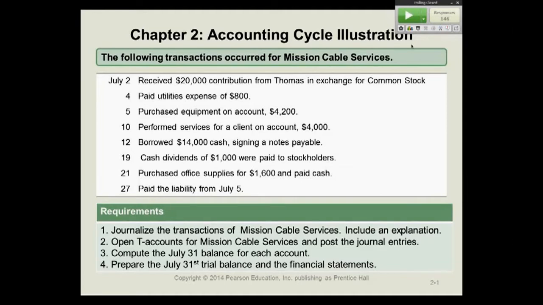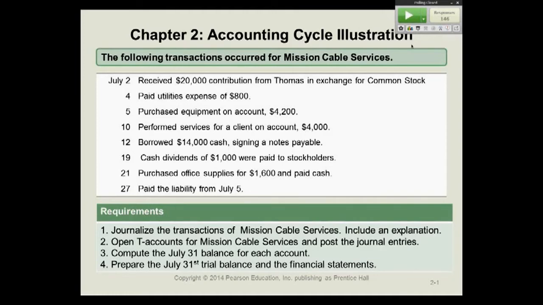So this time you're paying off the liability, and you're going to have the debit to accounts payable. Notice what happens to accounts payable now. You've got a zero balance, right? So now you zero that out. You have nothing left on the accounts payable, and the cash balance is $26,400. So that is our last transaction for the month.